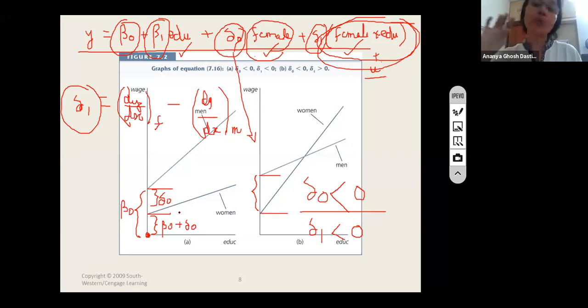So in this case, the differences will be female minus male. Female intercept minus male intercept is delta naught, and female slope minus male slope is delta 1. Okay?